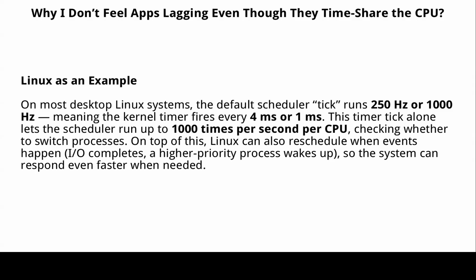Like I said, in modern Linux systems, the default scheduler tick, the timer, is set to 250 Hertz or 1000 Hertz. So the timer will fire every 4 milliseconds or 1 millisecond. That means in 1 second, there will be up to 1000 context switches between the processes.